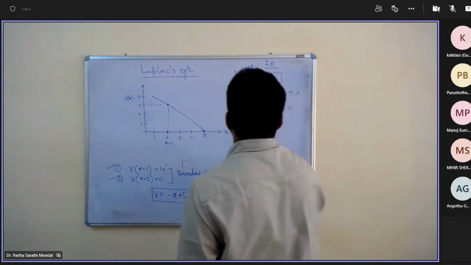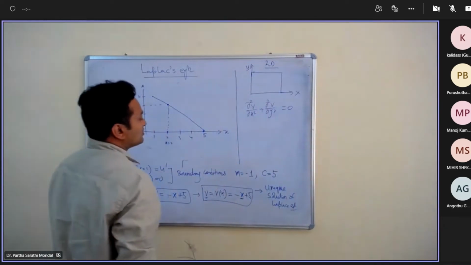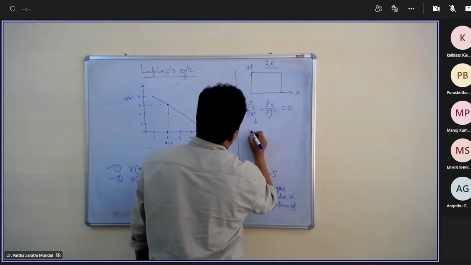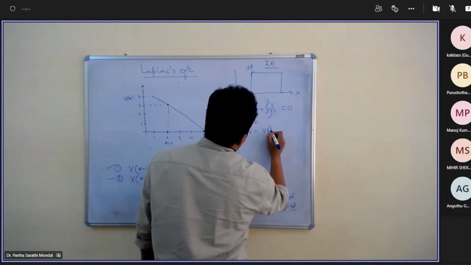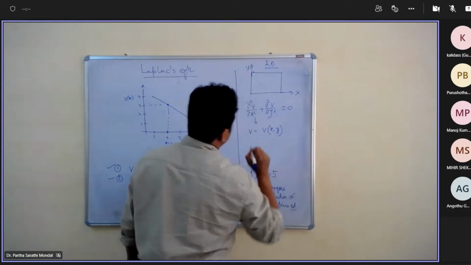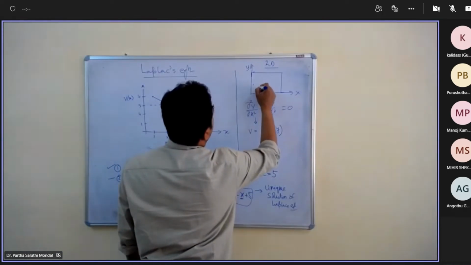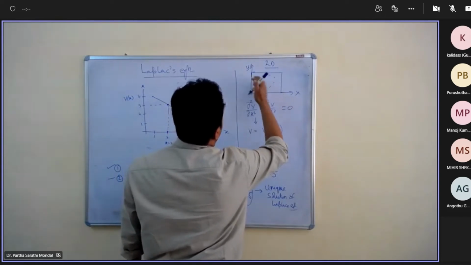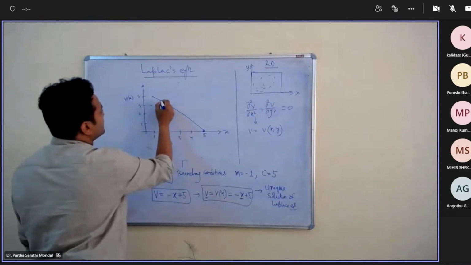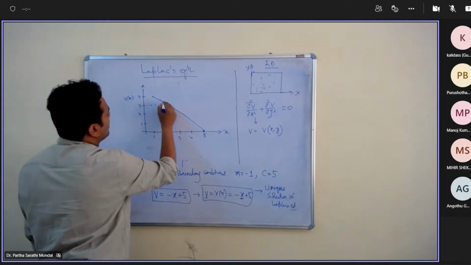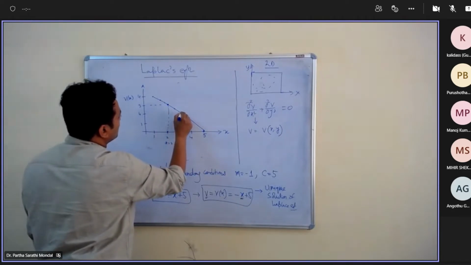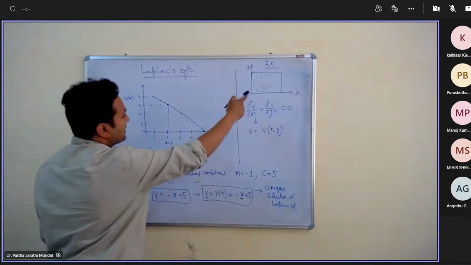This is the Laplace equation in 2 dimensions. If I solve it, v will become a function of x and y. So you can find out the distribution of v over the whole surface. What do you get here? The distribution of v along the whole length. Okay, like this.